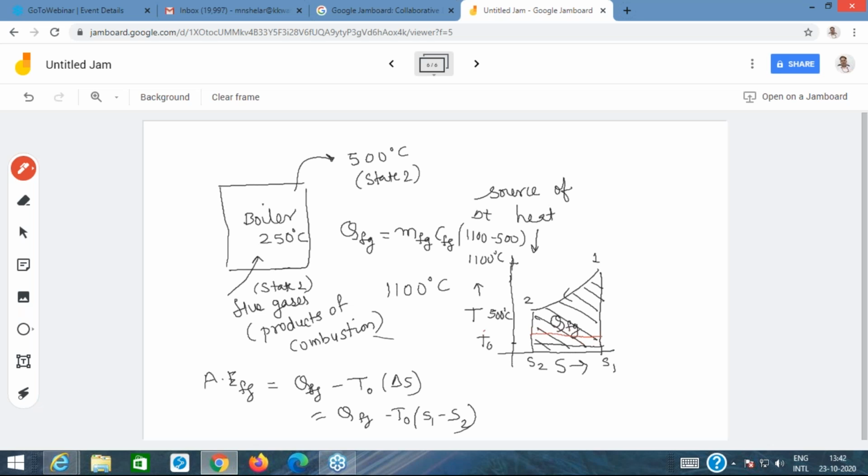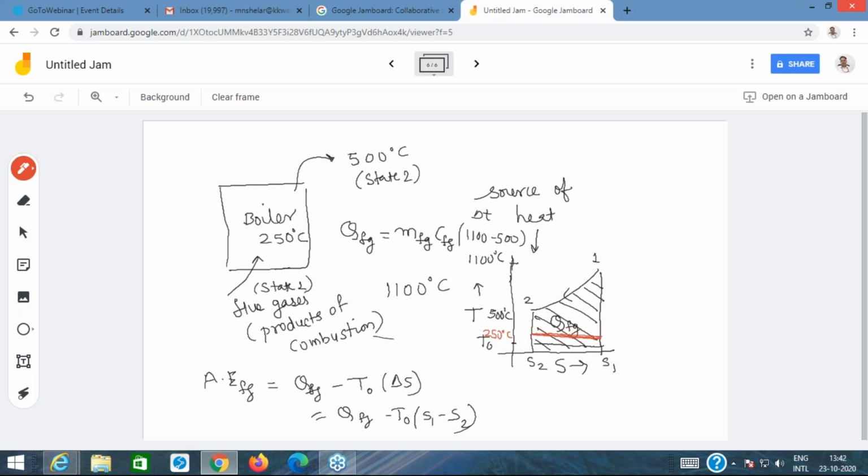Now, in this case, what is the system? The source is the flue gases. What is the system? Yeah, boiler. Water which is boiling in the boiler is the system.